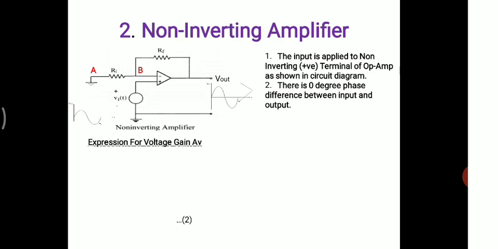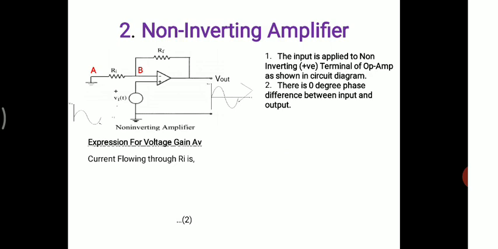We follow similar steps as in the case of the inverting amplifier. The first thing is to calculate the current flowing through resistance Ri. How do we calculate it? First we need to identify the two end terminals of resistance Ri, that is point A and point B. The voltage difference between point A and point B will be the voltage drop across resistance Ri.